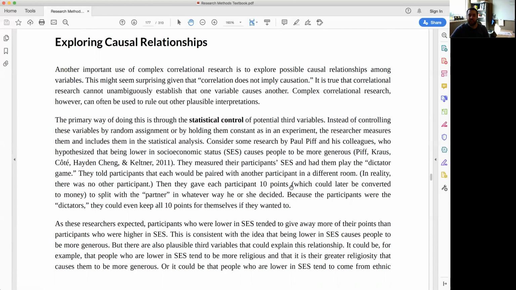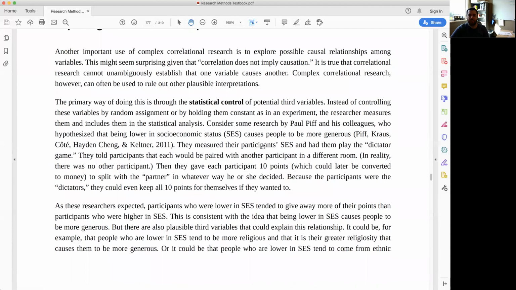So your textbook uses the example of how likely people are to give. And so they're looking at socioeconomic status as a major part of why people are generous. And so they ultimately measure socioeconomic status. They put them in some type of scenario where they can measure their generosity. And they could look at that.